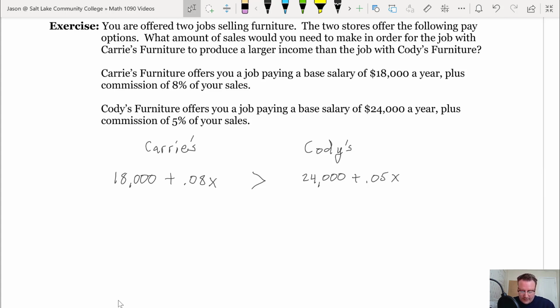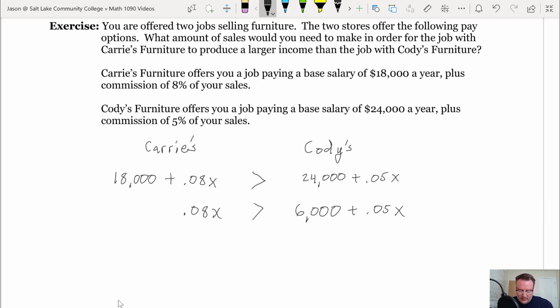To begin solving this inequality, I'm going to subtract 18,000 from both sides. I end up with 0.08x is greater than 24 minus 18, which is 6,000, so 6,000 plus 0.05x.